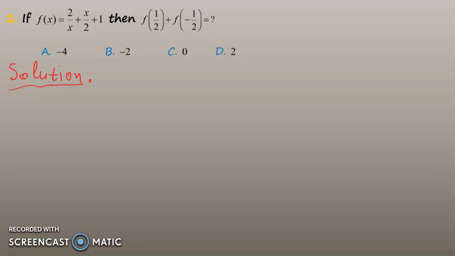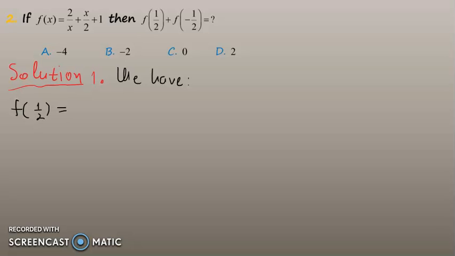I have two ideas here. To separately calculate f of 1/2 and f of minus 1/2 and then add them. Let's go with that solution because I have one more idea. We have f of 1/2 is equal, let's follow the definition of the function.